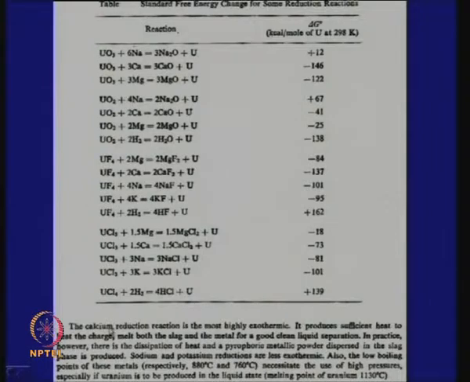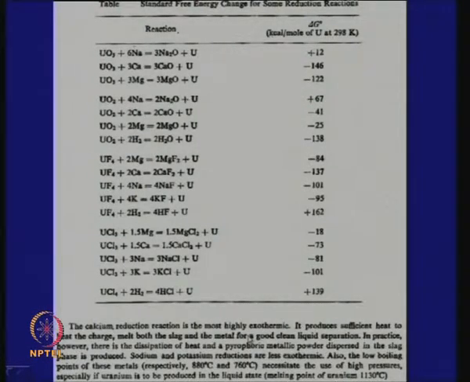Read this. The calcium reduction reaction is the most highly exothermic, not shown here, but calcium reduction is always highly exothermic. It produces sufficient heat to heat the charge, melt both slag and the metal for a good clean liquid separation.